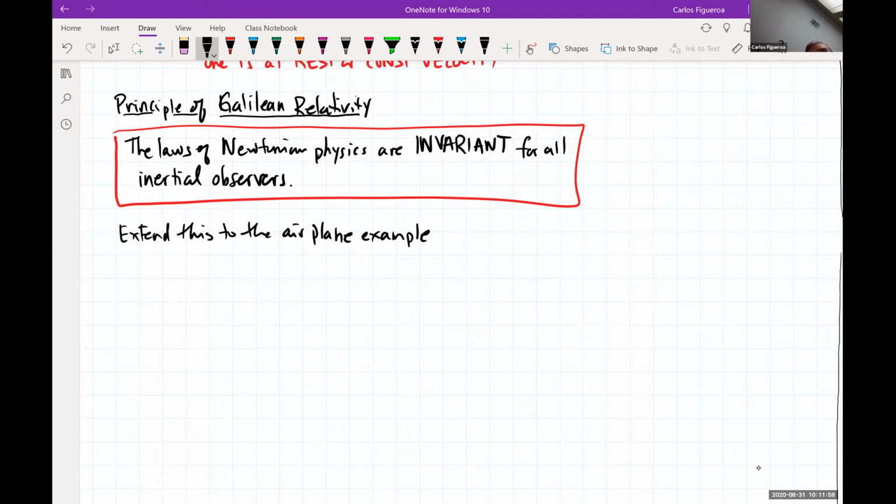Because the person on the airplane is traveling at constant velocity at 500 miles an hour, the laws of Newton work equally well for that moving airplane.